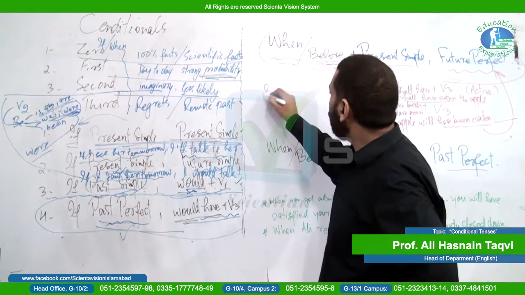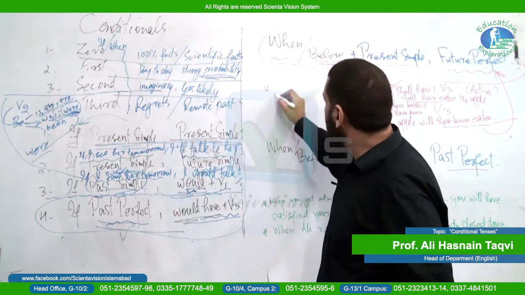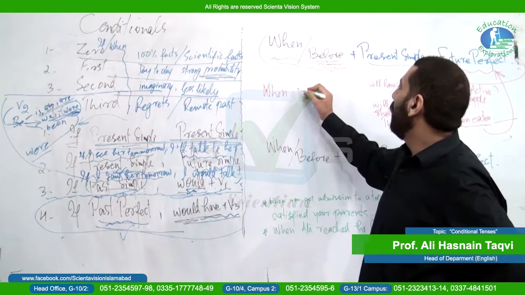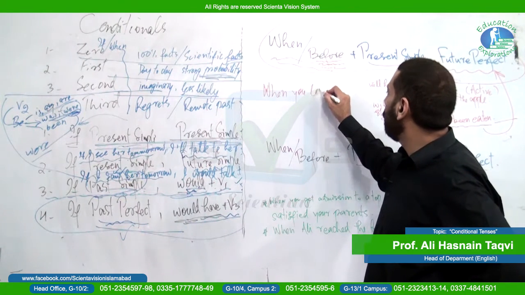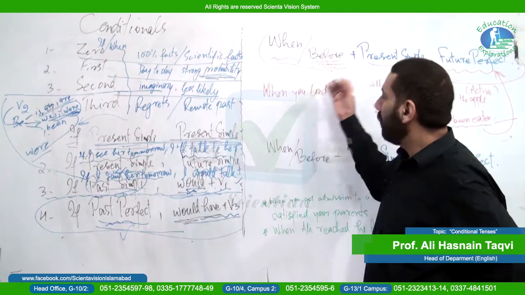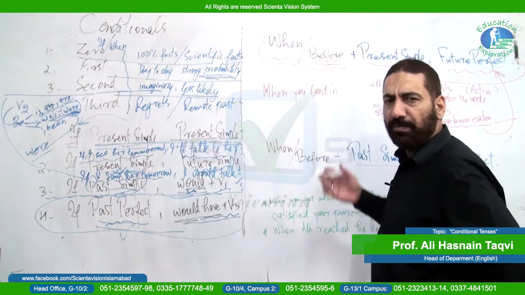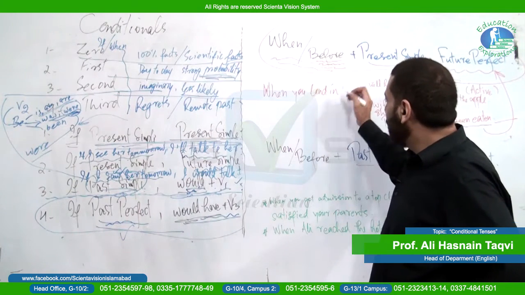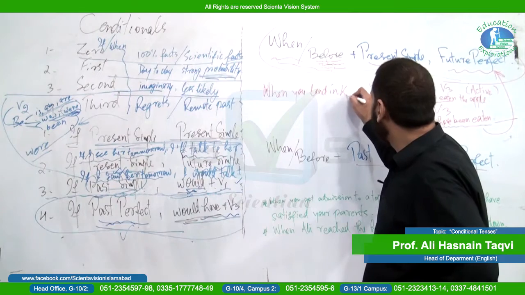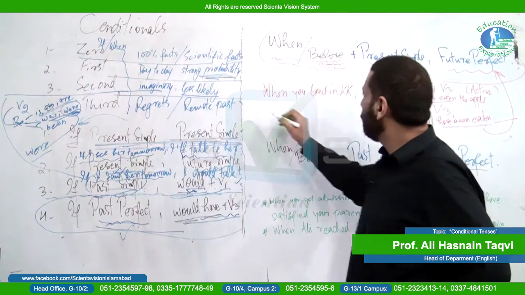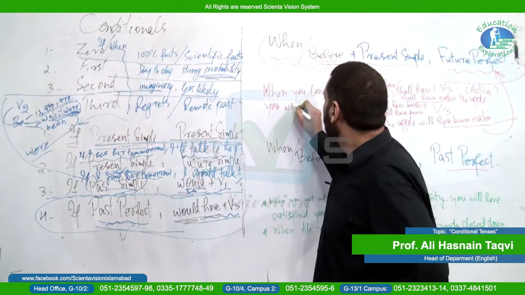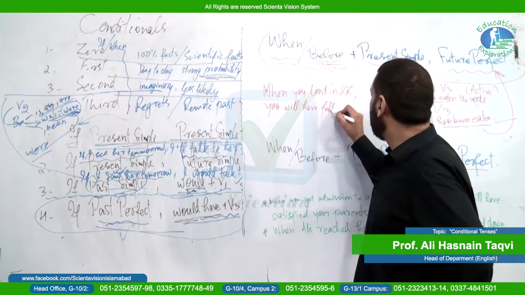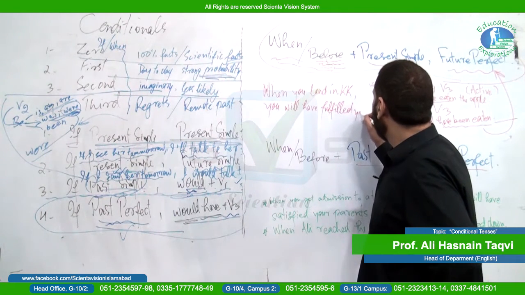Like, not "if", it has to be "when". When you land in America, or for that matter it could be any place, not to say that I am fascinated by America. When you land in Kalashakaku, you will have fulfilled your dream.